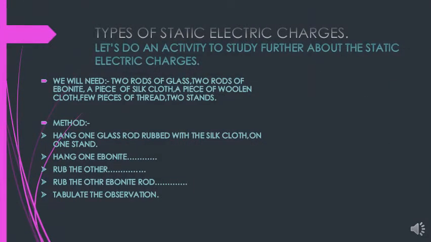Now let's see types of static electric charges. Let's do an activity to study further about static electric charges. To do this activity, we will need 2 rods of glass, 2 rods of ebonite, a piece of silk cloth, a piece of woolen cloth, a few pieces of thread, and 2 stands.